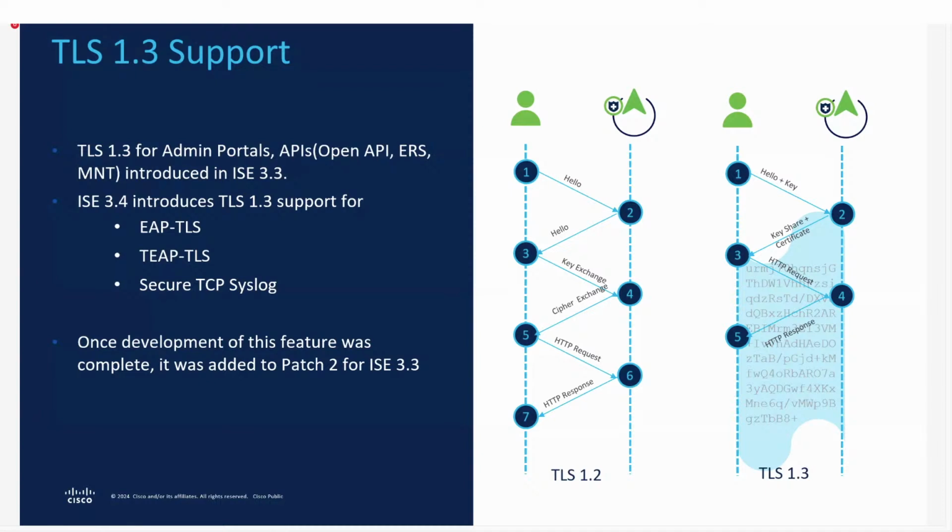And this was such a big deal that once the development was done on this feature and it was tested out and it was working correctly, then we also ported that back. It's already in ISE 3.3 patch 2, and you can use it today. That was released a few weeks ago, and it's ready to be used. So that's another way that we're enhancing the security with the authentications within ISE.